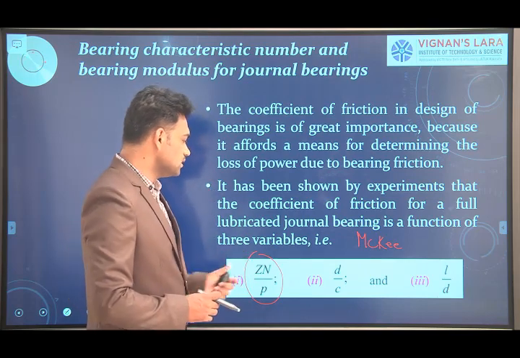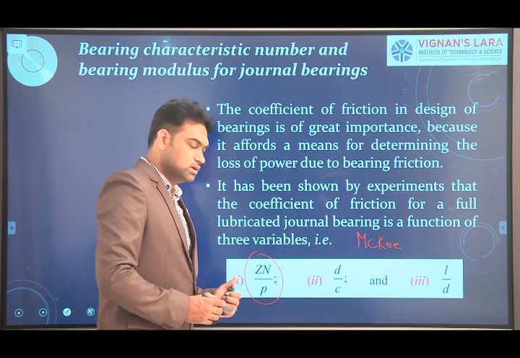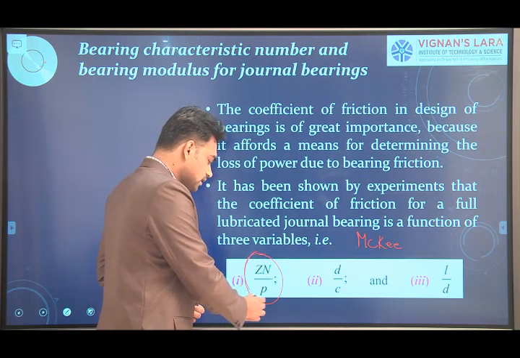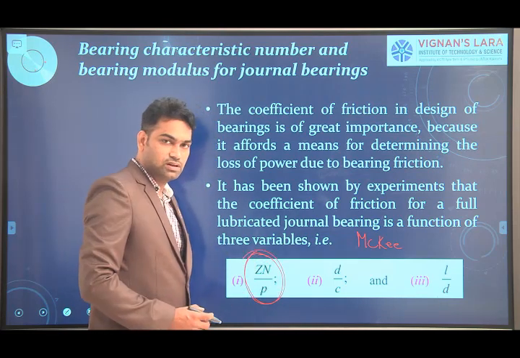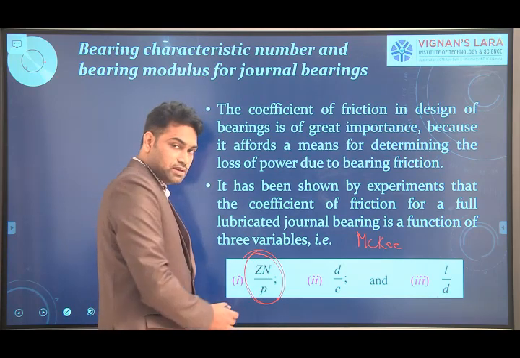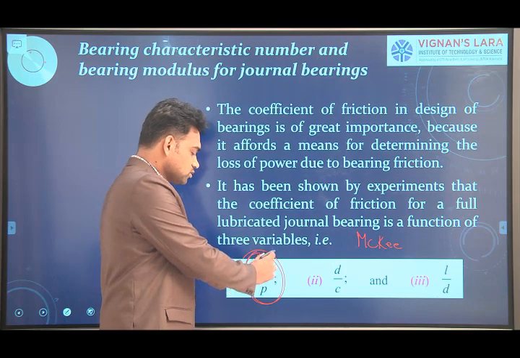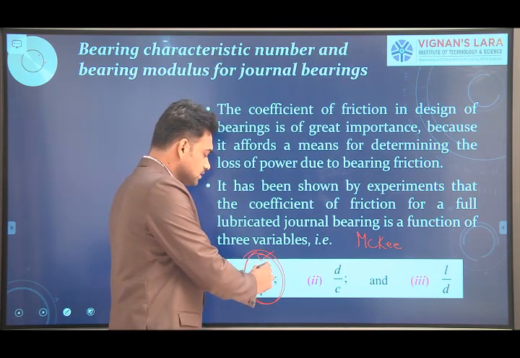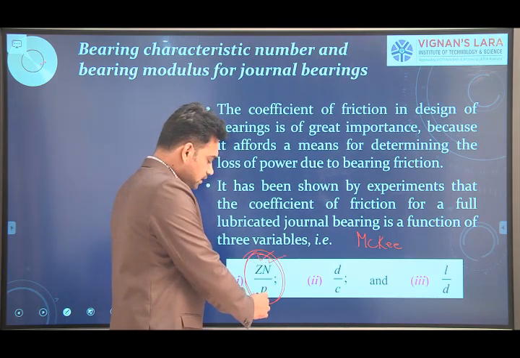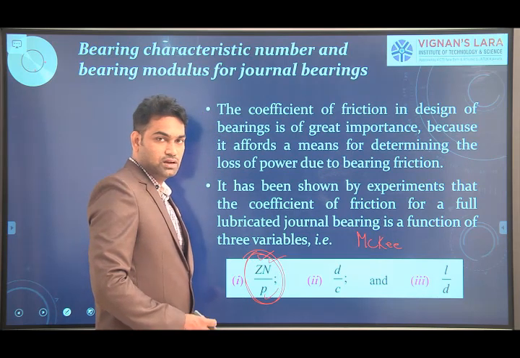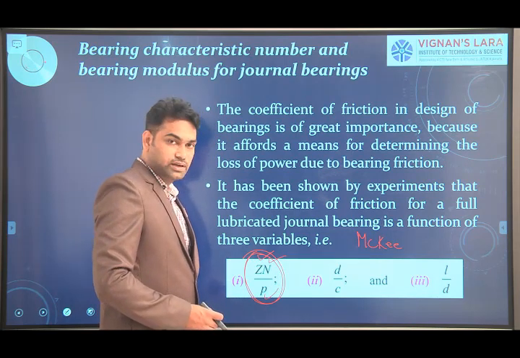Out of these three working parameters, one of the major parameters that affects the coefficient of friction is Zn by P. Z is already known, that is the absolute viscosity of the lubricant, n is the operating speed, and P is the bearing pressure on the projected area.